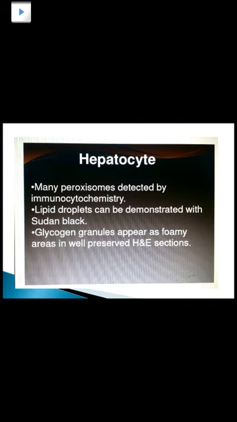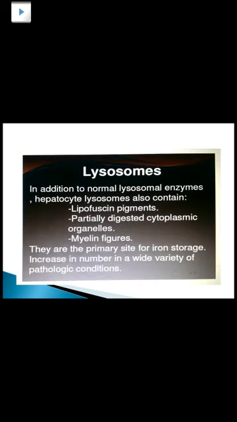Cytoplasm, generally acidophilic, with numerous mitochondria and numerous Golgi complexes. Lysosomes are an important one here. Why? Because of the storage that it can exhibit in different ailments, different diseases of the liver. So this can contain lipofuscin pigments, the wear and tear pigment or aging pigment, partially digested cytoplasmic organelles, the myelin figures.